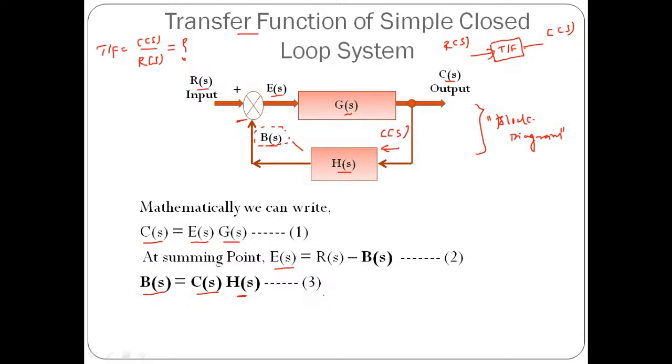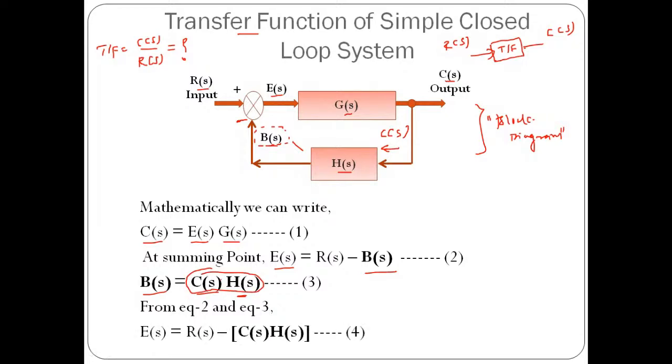Now what we are going to do is club equations 2 and 3. In equation number 2, this B of S we are going to represent by C of S into H of S. If you do that, we can write the error signal E of S is equal to R of S minus B of S, but B of S is nothing but C of S into H of S. Now we are going to club equation number 1 and equation number 4.